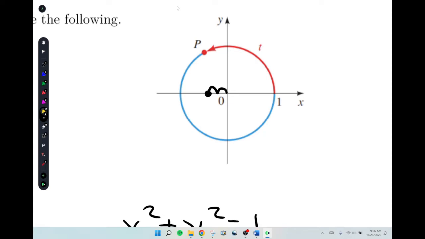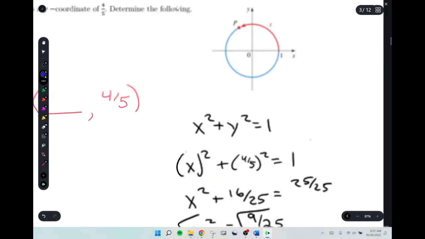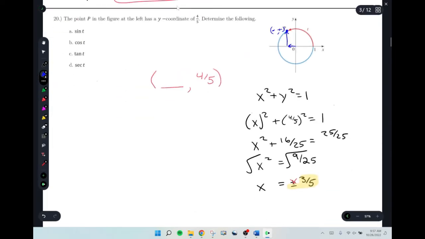Does it look like it's going backwards or forwards? See how the x looks like it's going backwards to get to that point? On the graph, the x values are negative at that point. The x better be negative and the y better be positive, and they gave us the y and it was positive. So we've got our x being negative 3/5, right?